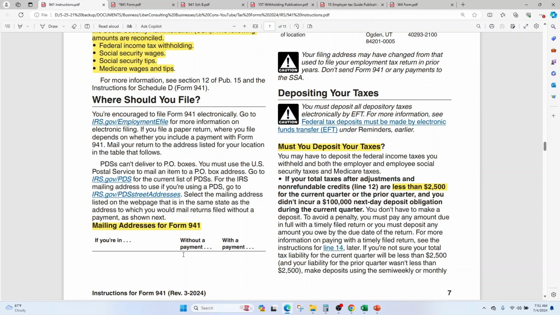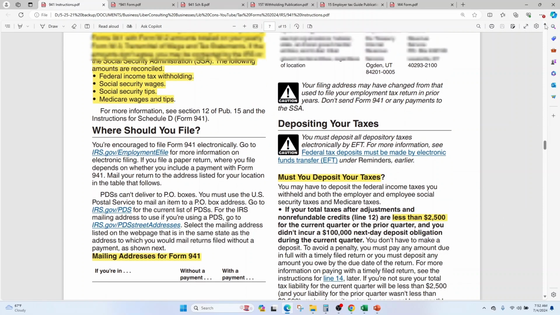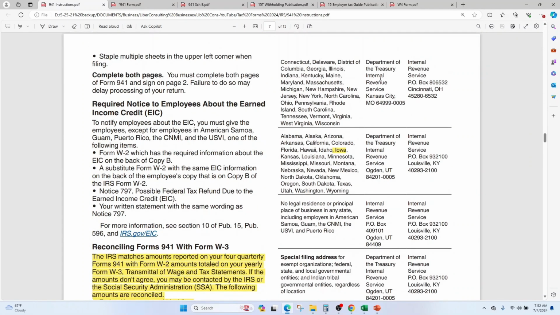If you are going to mail Form 941 without a payment, you will use the without a payment column. The address within that without a payment column that corresponds to the state, to the row where your state is listed. So if we go up, the second column is for without a payment.